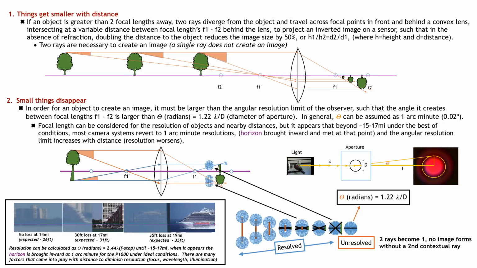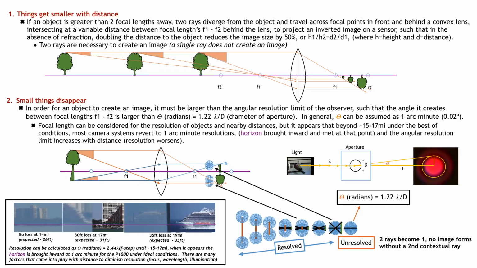So just to briefly describe the diagram here, again, we have our tree, with the top and bottom of our tree at various heights, sending off rays of reflected light to the observer through a convex lens, creating different angles.